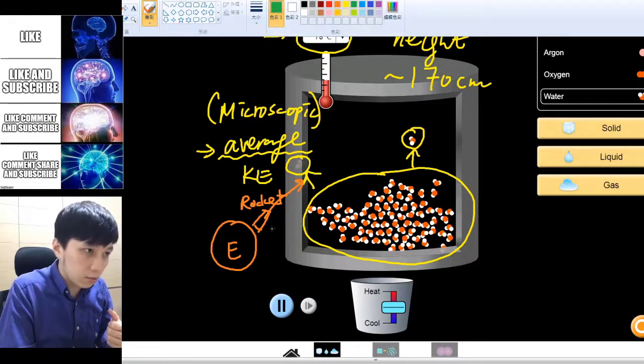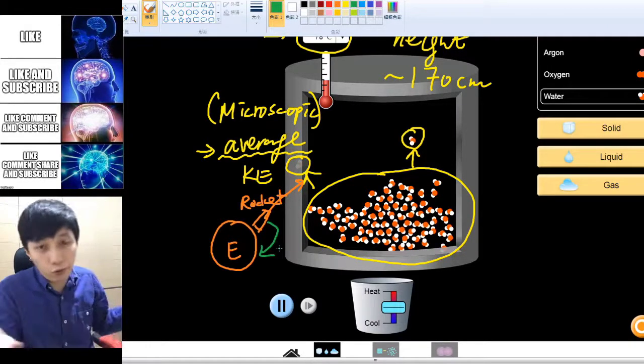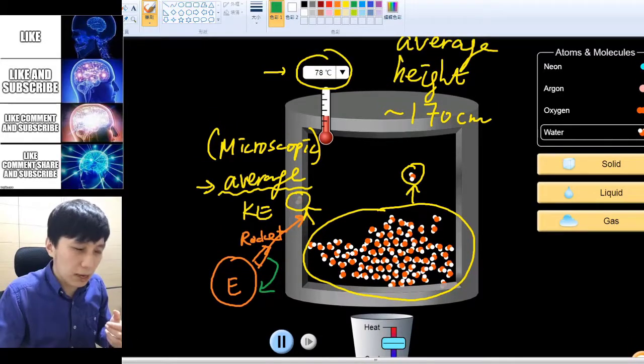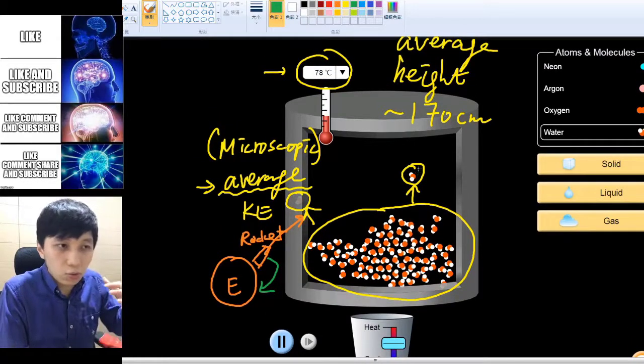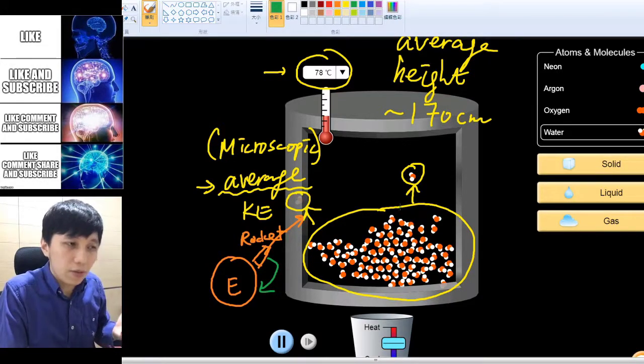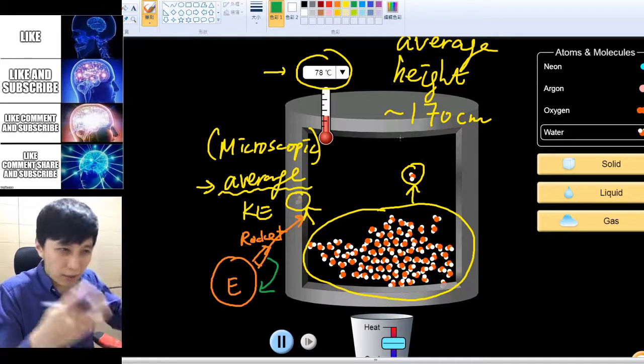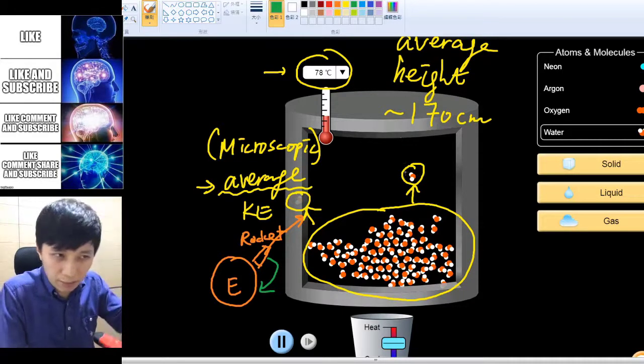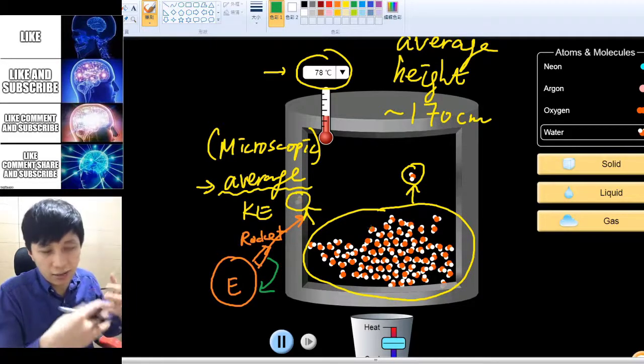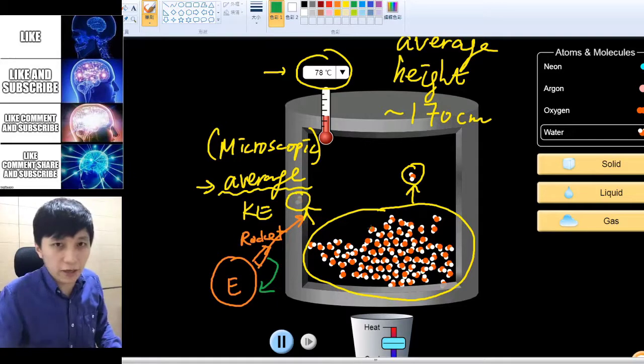The rocket will simply come back down if you don't have enough energy. So the same idea here, those who can escape must have enough energy to leave the main group and not come back again, unless they somehow lose the energy and therefore maybe come back down. That is how sometimes you find condensation in your daily observation.